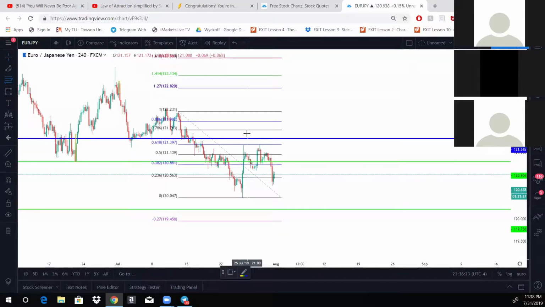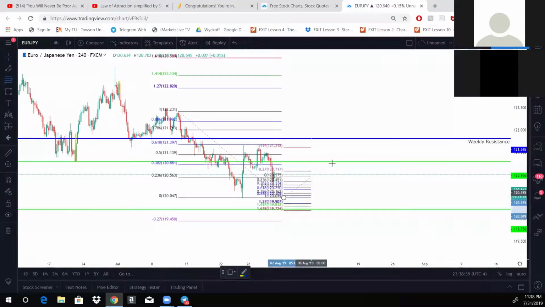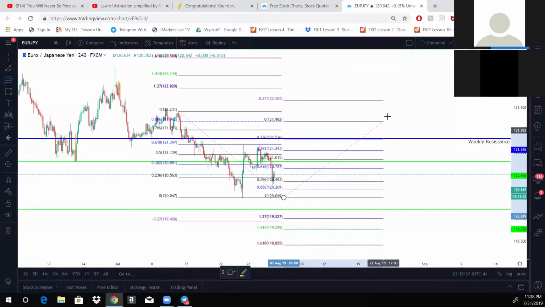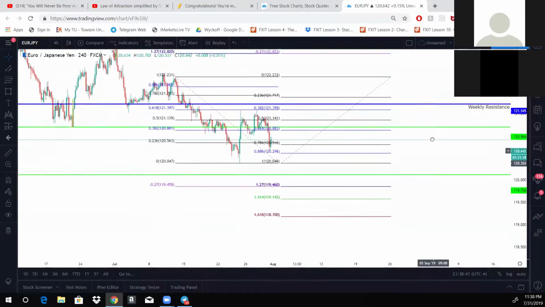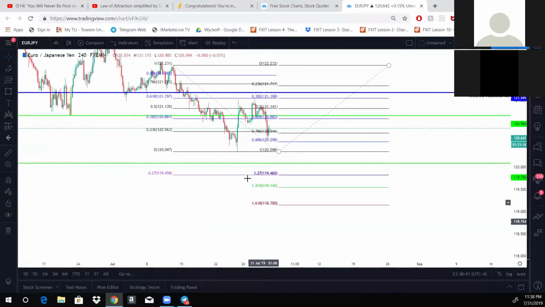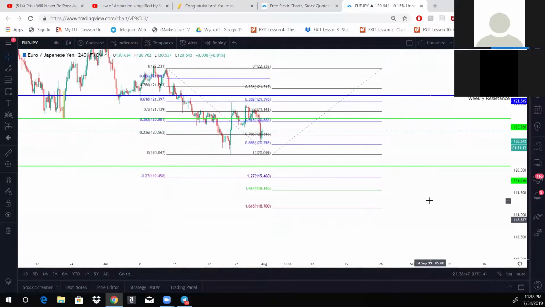And then if you prefer to use reverse Fibonacci's or fib extensions for your target profits, you will measure the move from the low to high, which was right here, and then your fib extension levels are 1.27, 1.414, and 1.618.